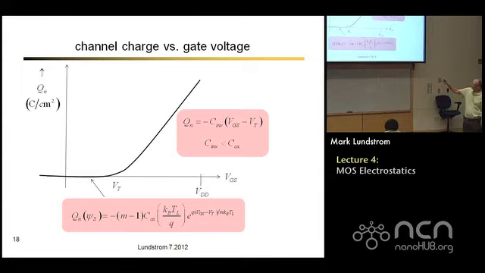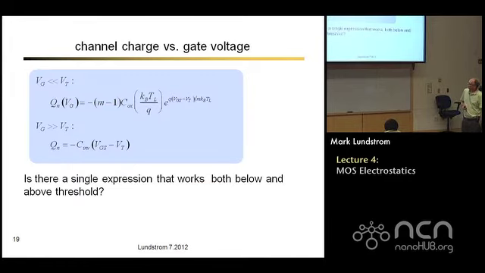Above threshold, we just have to take the expression that we were using before, but we have to realize that the capacitance is the capacitance on the gate. That's what's inducing the charge. And that's a little less than the oxide capacitance. Okay. So well below threshold, we have one expression. Well above threshold, we have another expression.